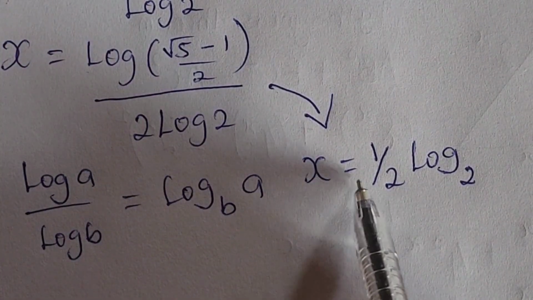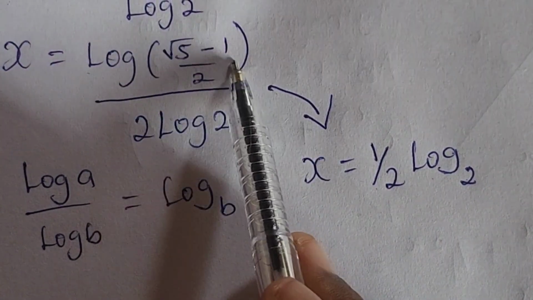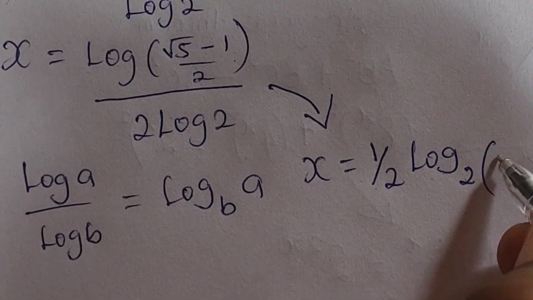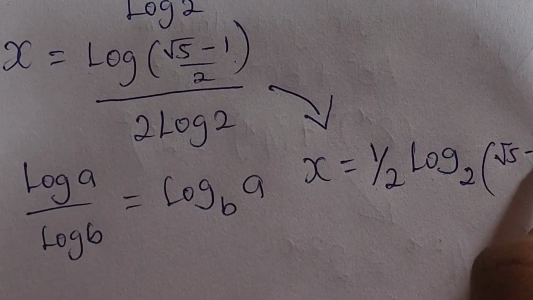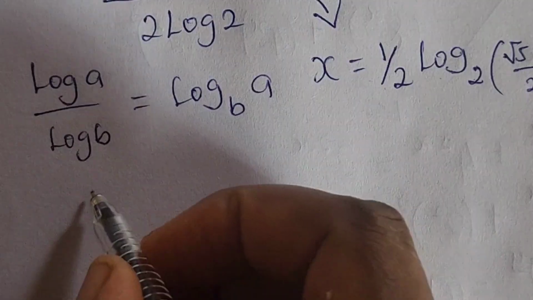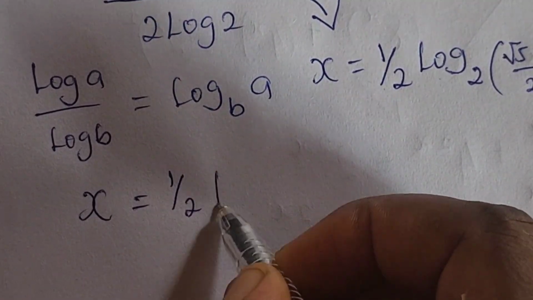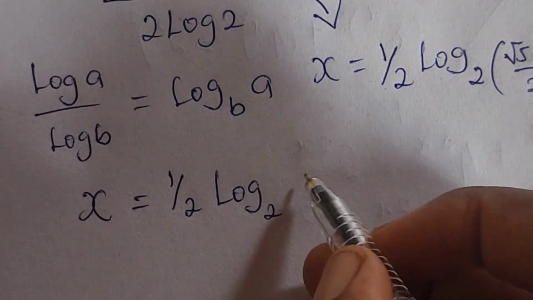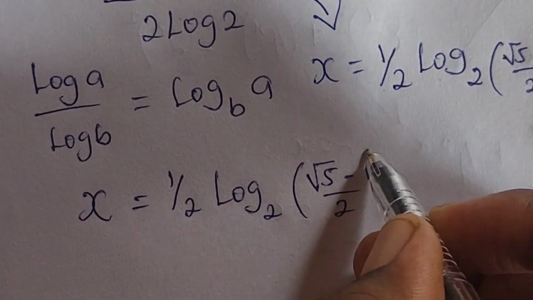So we can have x to be equal to 1 over 2 times log base 2 of this in the bracket, root 5 minus 1 over 2. Our x is equal to 1 over 2 times log base 2 of root 5 minus 1 over 2.